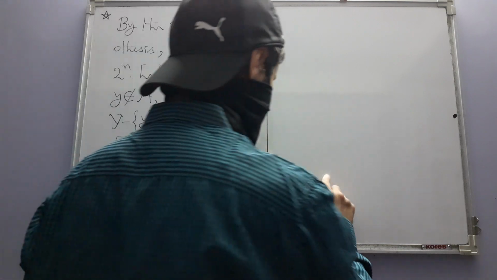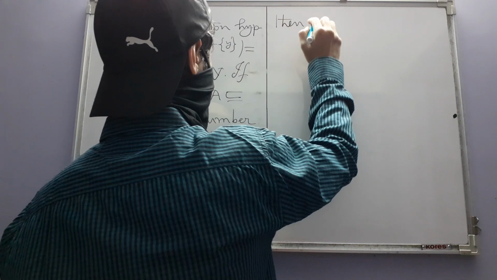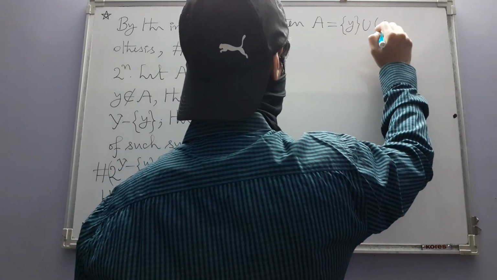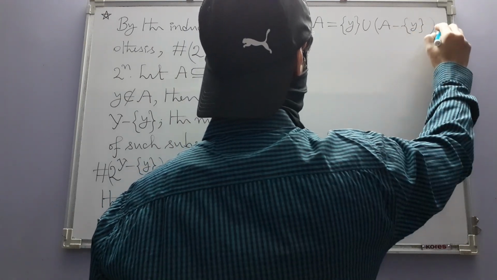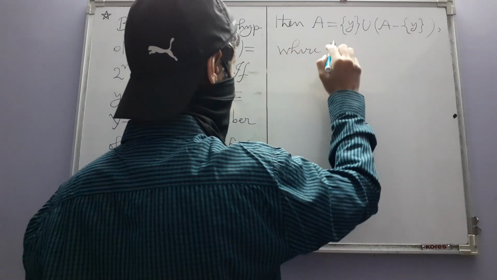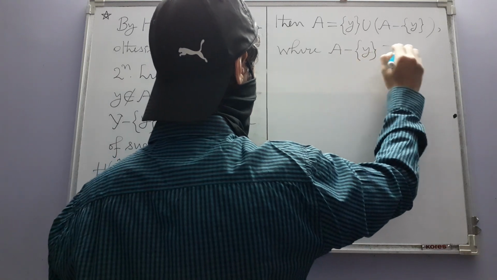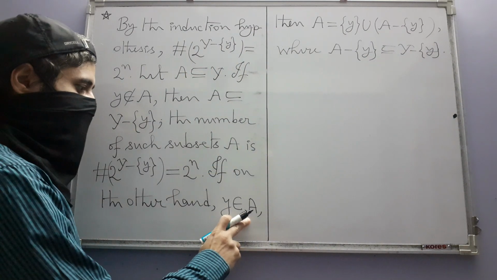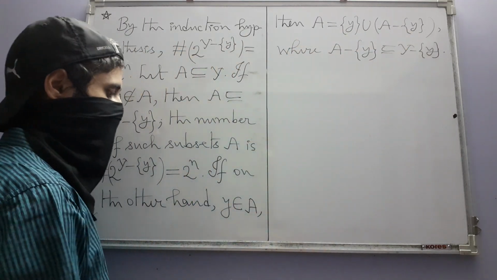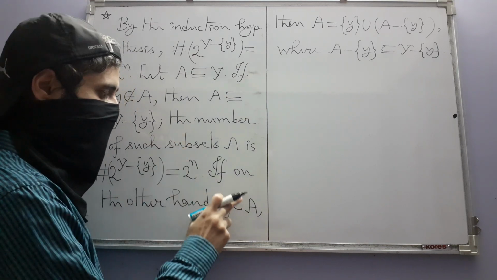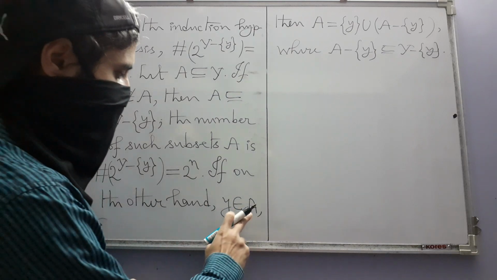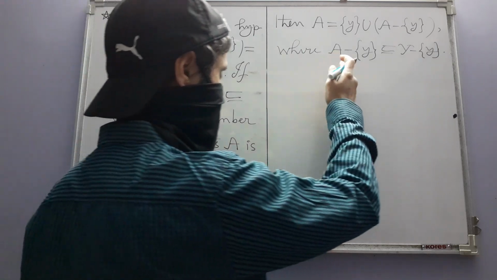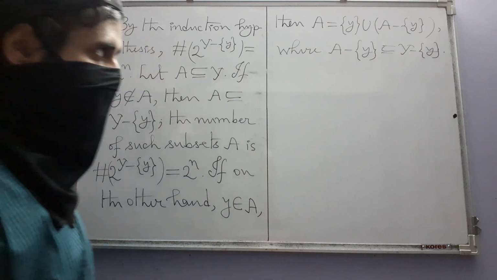If y belongs to A, then A can be written like this, where this is a subset of that set again, and because any such A corresponds to one such subset, so the number of subsets A of capital Y that satisfy this condition, that is those subsets of capital Y which contain small y, also are 2 to the power n in number, because ultimately again it amounts to counting how many subsets Y minus y has.